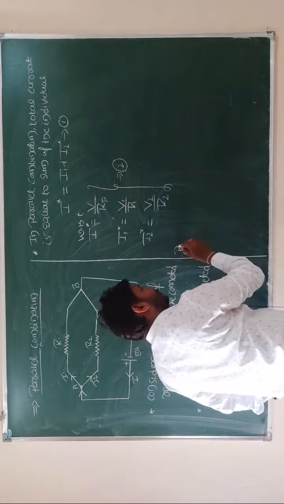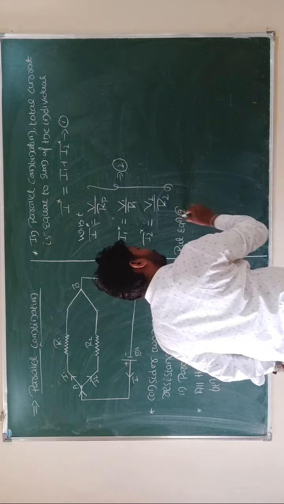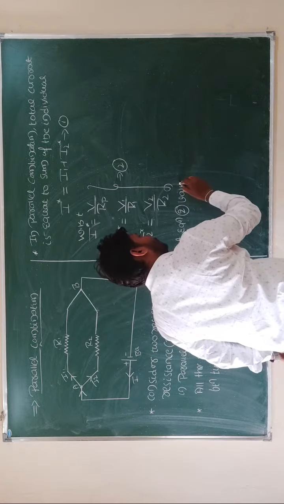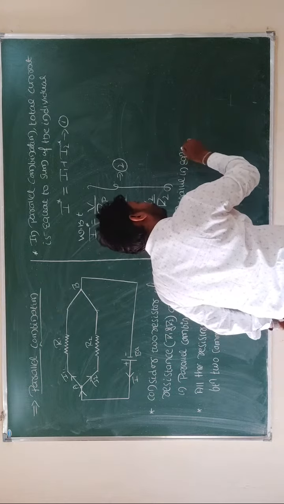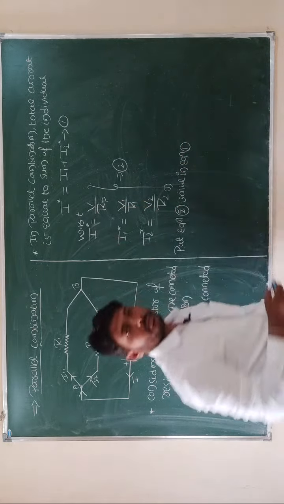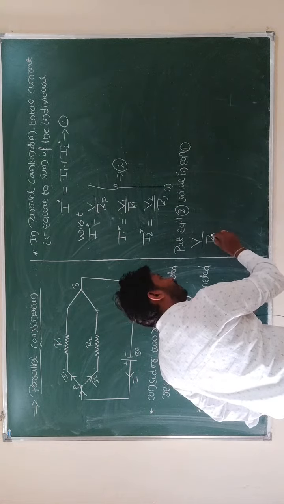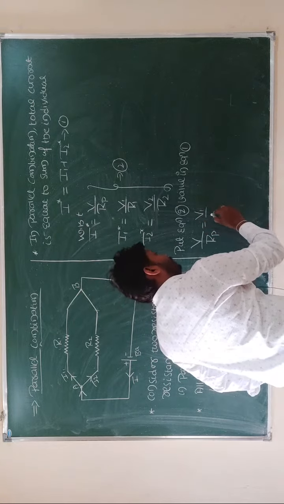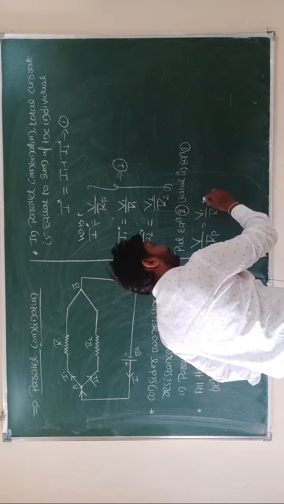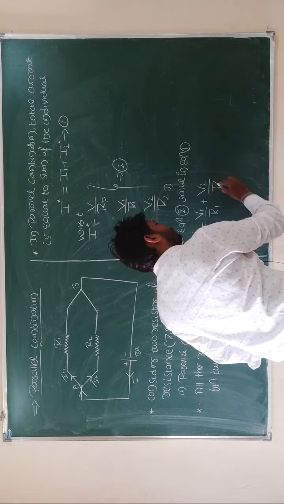So I will substitute equation 2 value in equation 1. I is equal to V divided by Rp. I1 means V1 by R1 plus I2 means V2 by R2.